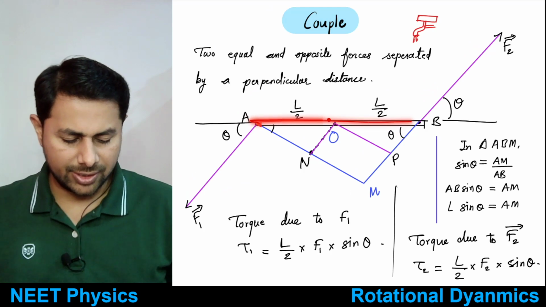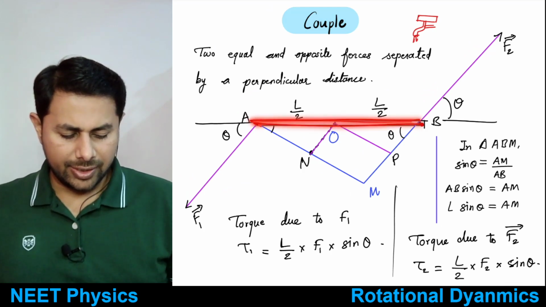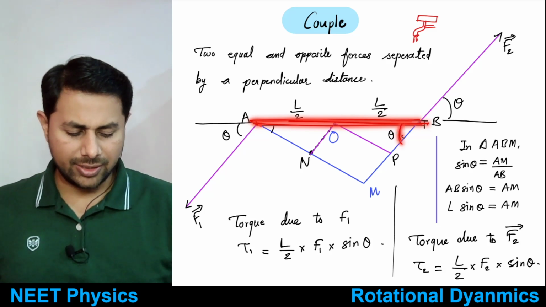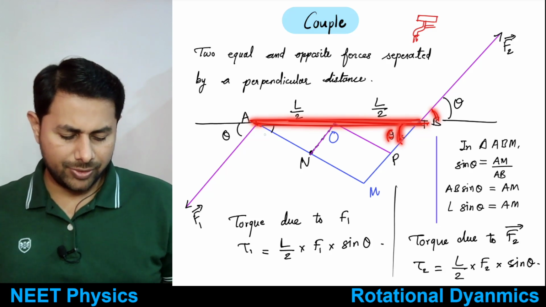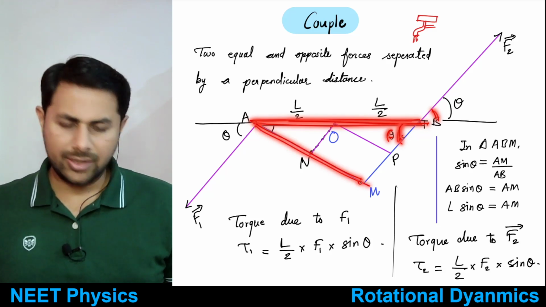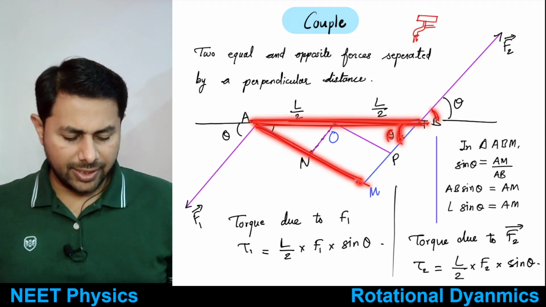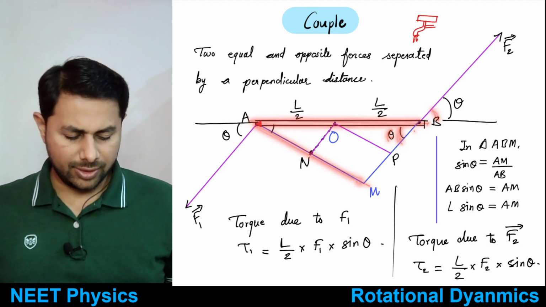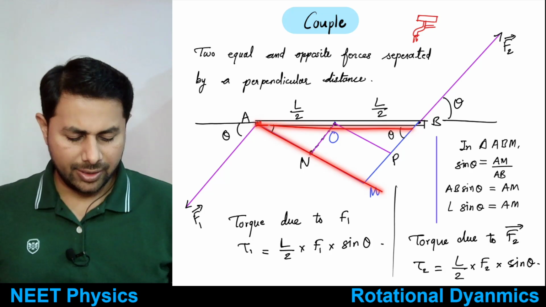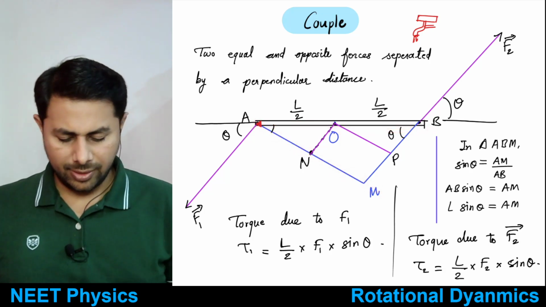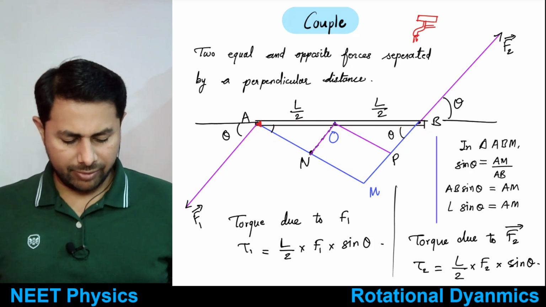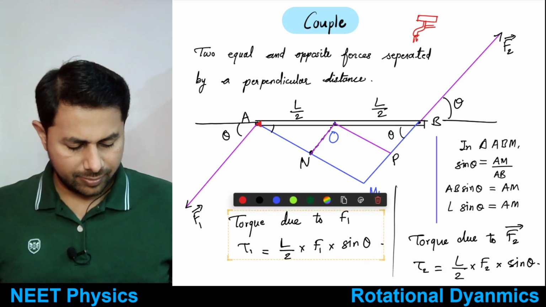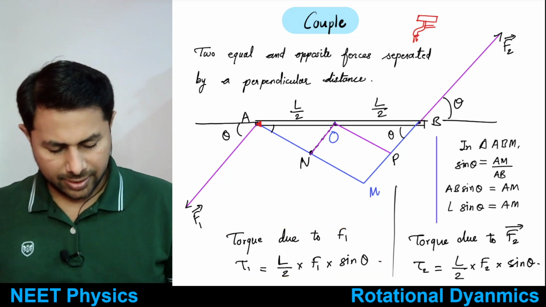See, this much distance is L. This angle is theta. See, this angle is theta, so this angle has to be theta. And if you see sine theta, then it's this side divided by this side. So you can say AM divided by AB. Okay. So in this diagram, let me write for the time being.